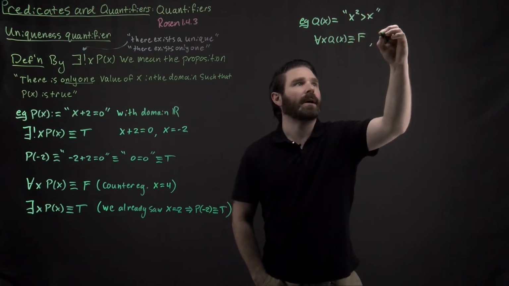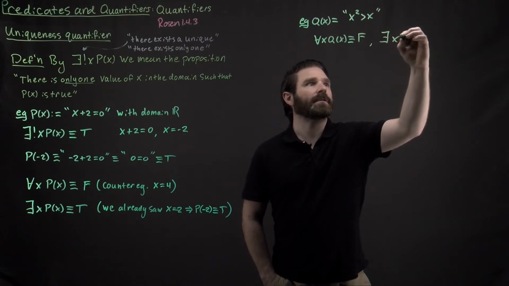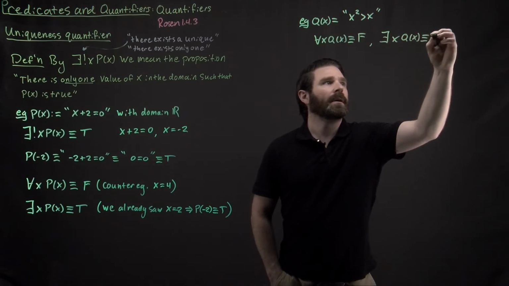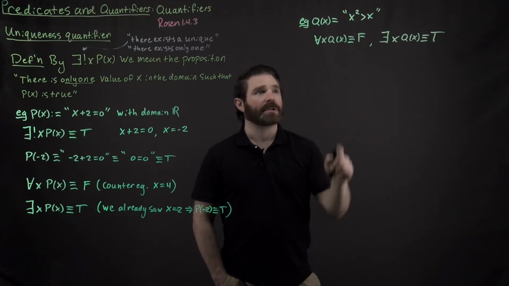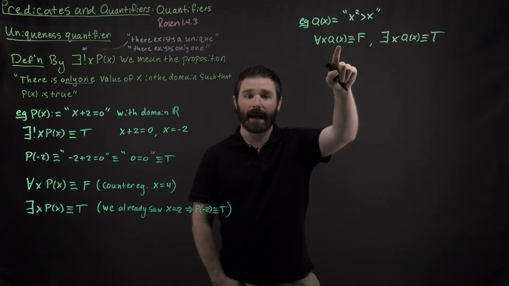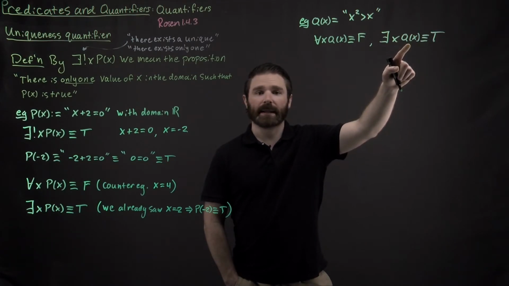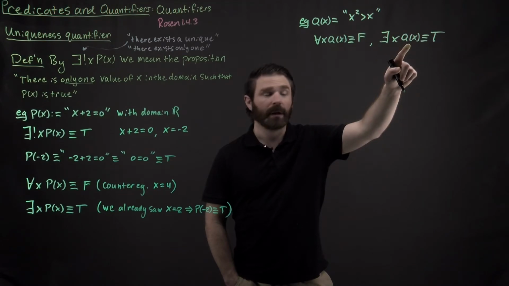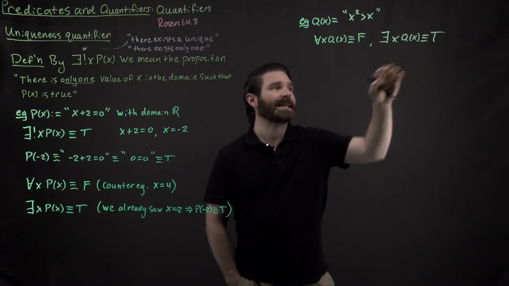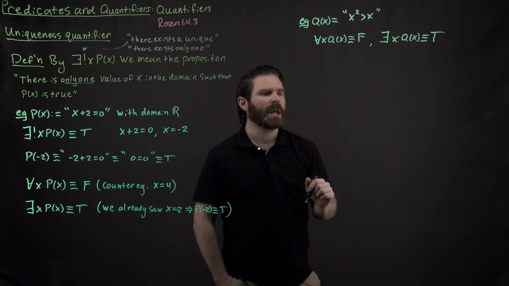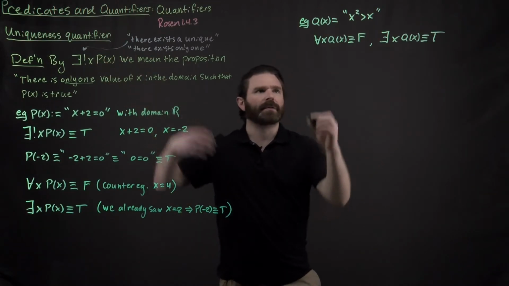And we already saw that the existential quantifier of this thing is true, right? So the counterexample to this one, we saw a half, and the one value that we could demonstrate that made this propositional function true, we used, I think, x equals 4, which made this thing true, so therefore the existential quantifier. Well, what about the uniqueness quantifier?